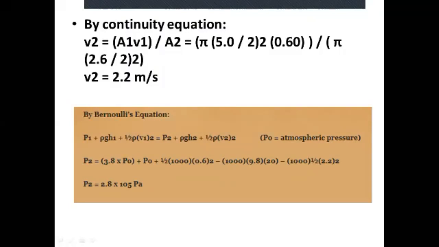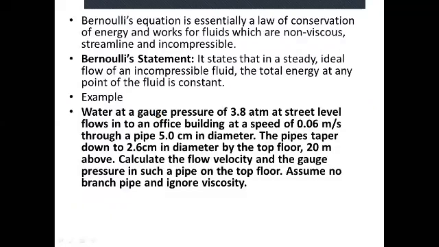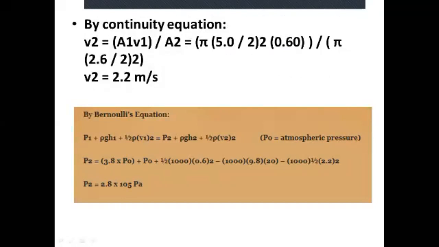We are given pressure 1 as 3.8 atmospheres. Substituting these values, we get pressure 2 as 2.8 times 10 raised to power 5 pascals. So in this problem we have applied both the equation of continuity and Bernoulli's equation.